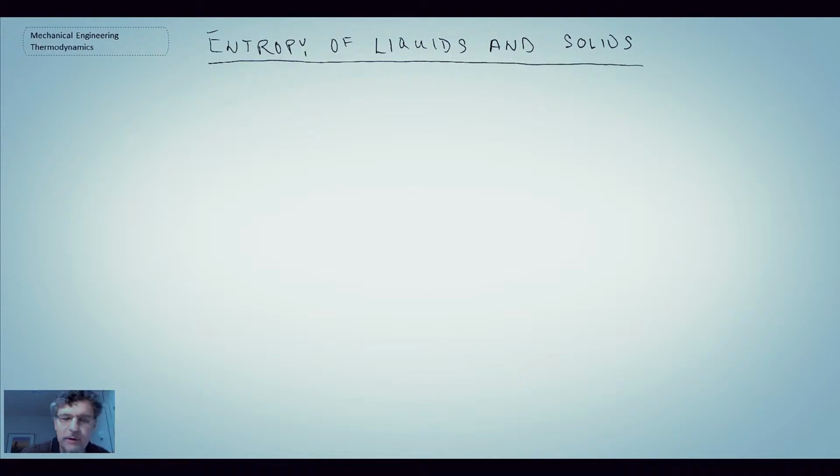Now, we'll treat liquids and solids separate from gases, and the reason for that is we can make an approximation about the specific heats for both liquids and solids. And that is given that liquids and solids are incompressible.